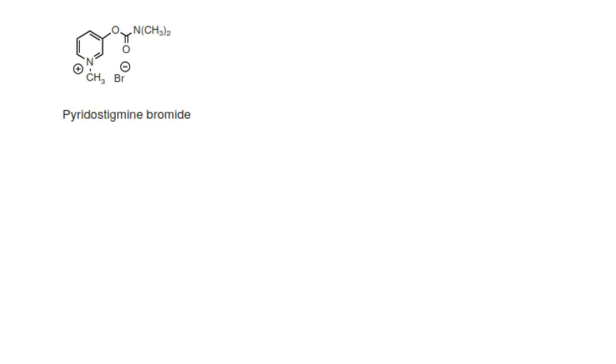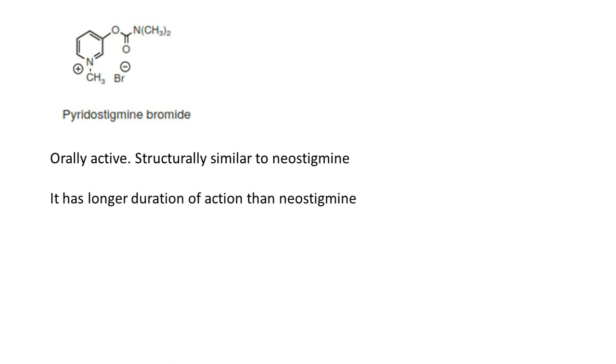The next one is a related drug, pyridostigmine. Instead of a benzene ring, here we have N-methylpyridine. Here also we have a quaternary ammonium salt, so it is highly polar, orally active, and structurally similar to neostigmine. It has a longer duration of action than neostigmine.